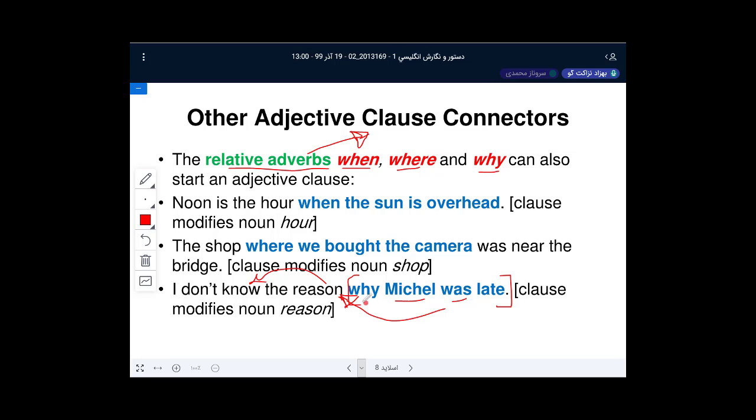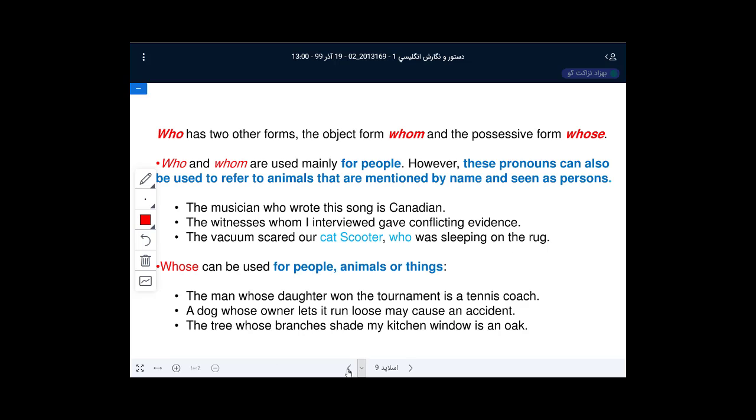So immediately after these types of adverb connectors or markers, we see the subject, and here Michelle is the subject. So immediately after these, we see the subject, and then the verb, and then the whole clause modifies the preceding noun.